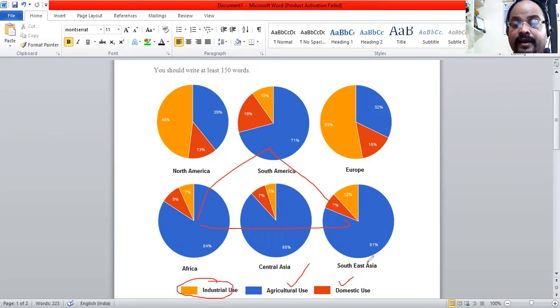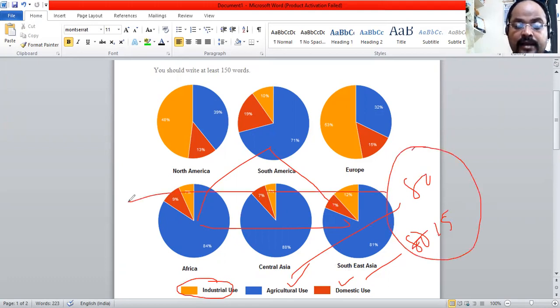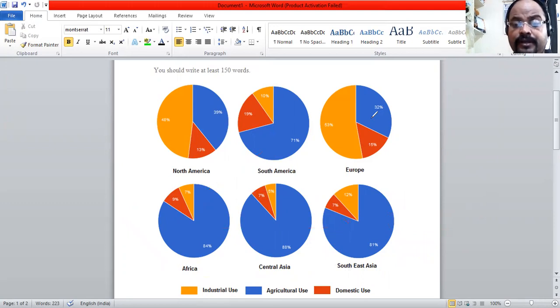Industrial. So if I say this is 80%, sorry, this is 80% and this is just 15%, I can naturally understand that the rest is for industrial, because we do have three sectors only here. Now, we don't need to mention it again.